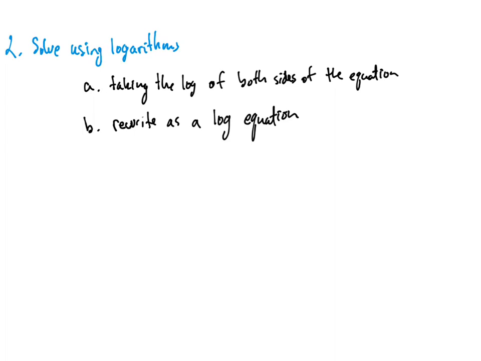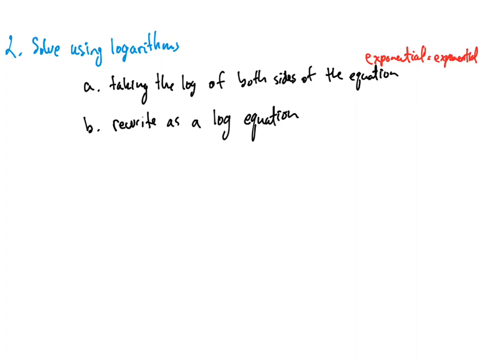However, it makes the most sense to take the logs of both sides when we have two exponential terms or an exponential term on each side. So actually, let me write that more precisely. Okay, so when we have an exponential term equal to an exponential term, that's when it makes sense to take the log of both sides.